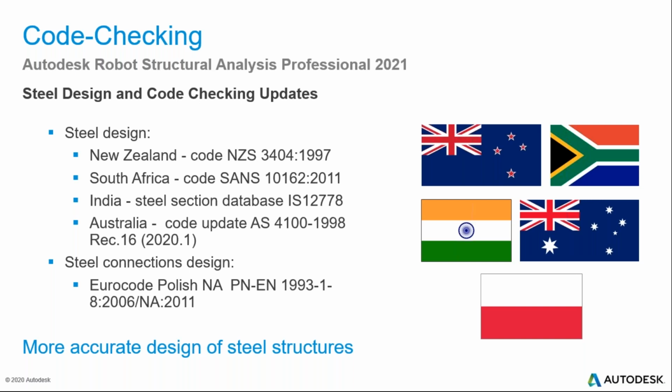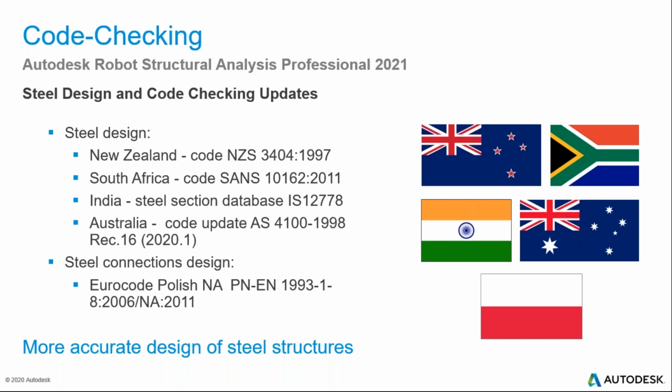Specifically from an Indian design perspective, the Indian Steel Section Database IS 12778, which is one of the most widely used section catalogs, including narrow flange sections typically manufactured by organizations like SAIL, is now part of the default catalogs and can be used for steel design workflows.